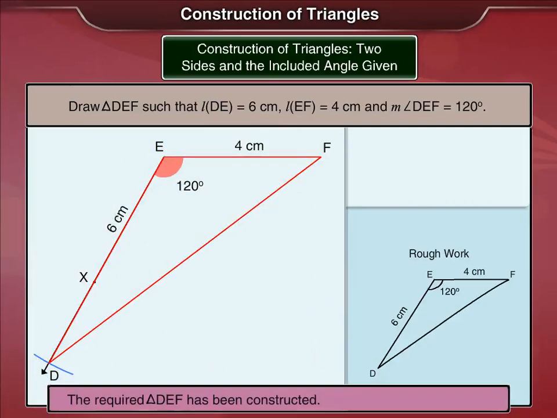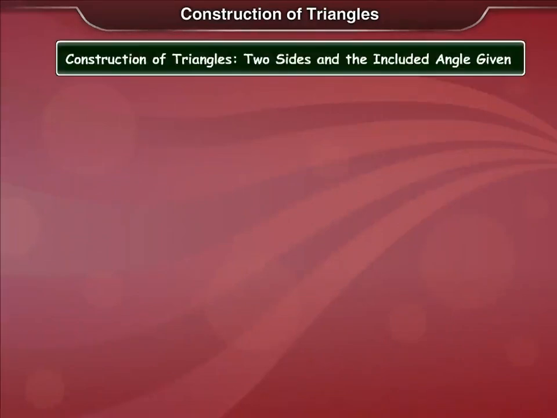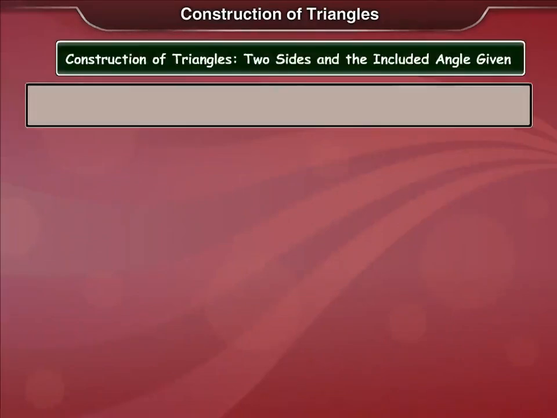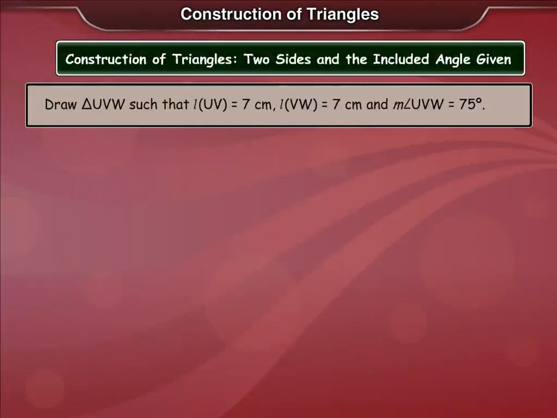We have to construct triangle UVW such that the length of side UV is 7 centimeters. The length of side VW is also 7 centimeters. And included angle UVW measures 75 degrees.